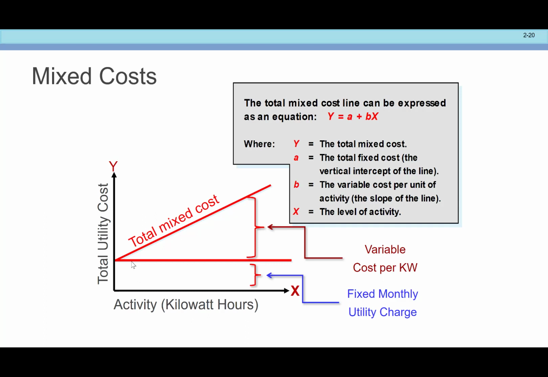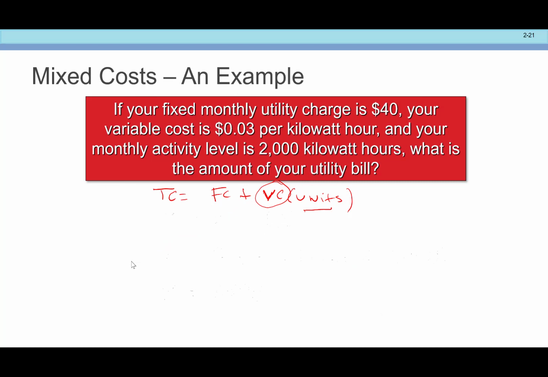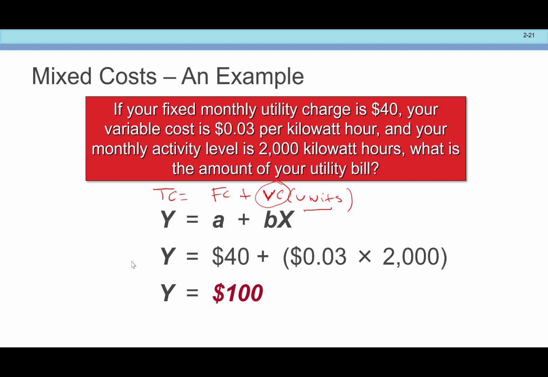So since they behave like this, we can fit an equation to that following the theory of y equals mx plus b, right? Doesn't that predict the way that whatever this chart is showing is going to behave? Okay, so we go ahead and we say, total cost then equals what? Fixed cost plus the variable cost times the number of units in the driver, in this class often direct labor hours, but it could be machine hours, whatever it is, right?